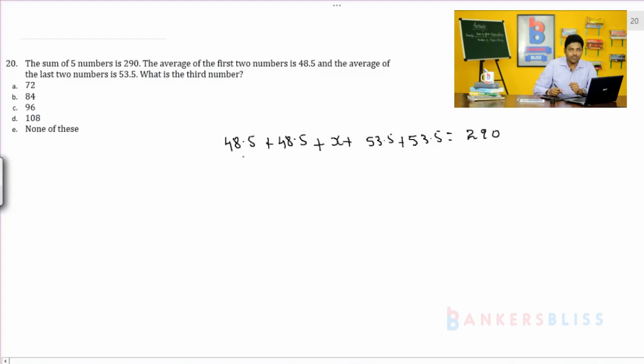So 48.5 plus 48.5 is 97, plus x, plus 53.5 plus 53.5 which is 107, equals 290.